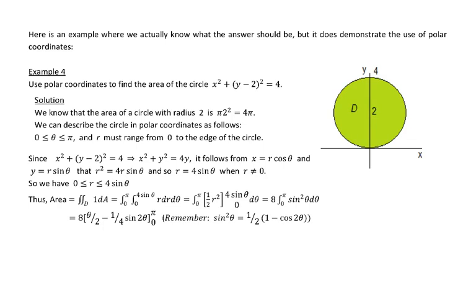To integrate sine squared of theta, we use the trigonometric identity: sine squared of theta is a half of (1 minus cos 2 theta), and then the integration is not complicated. The final answer is 4 pi, as we knew right from the beginning.